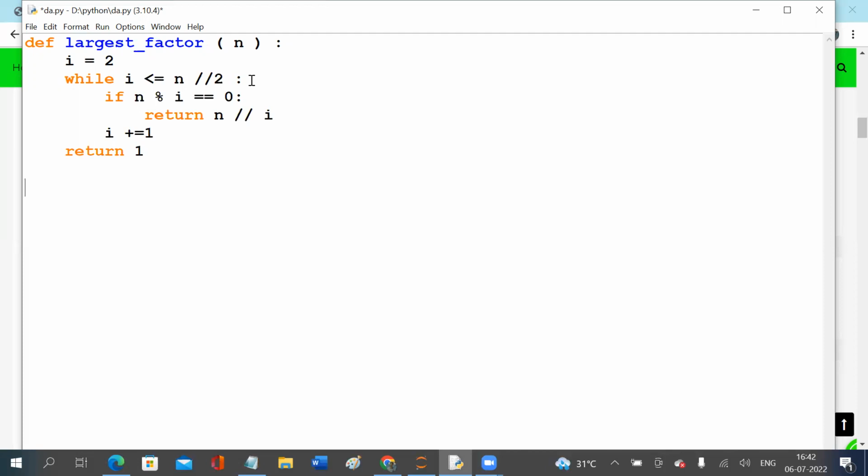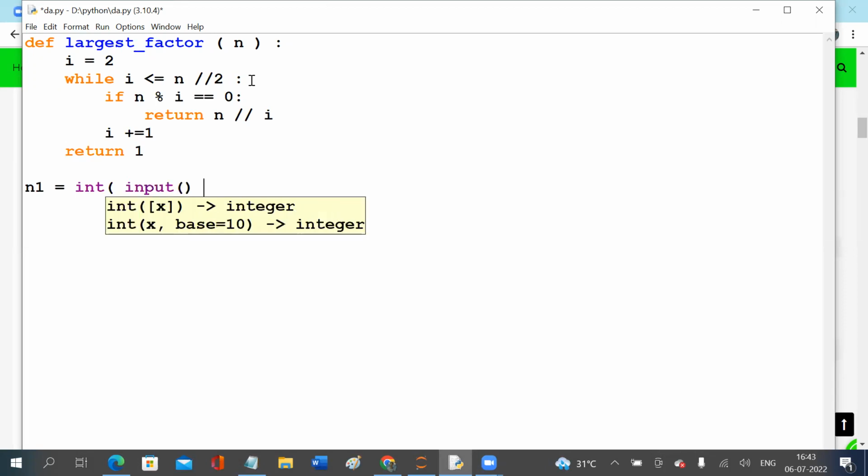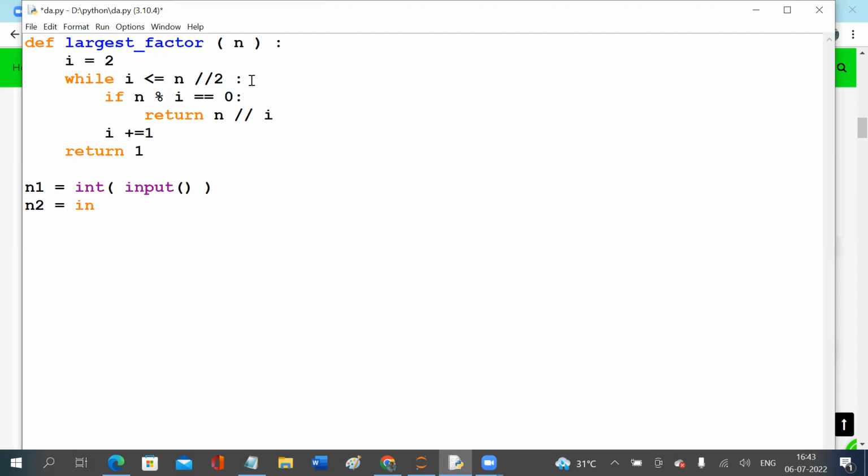How many numbers are given? n1 and n2 are given. You can read them from outside. Suppose you read them separately. If you read them together, then you need to split.